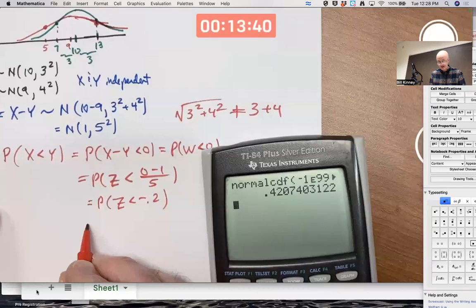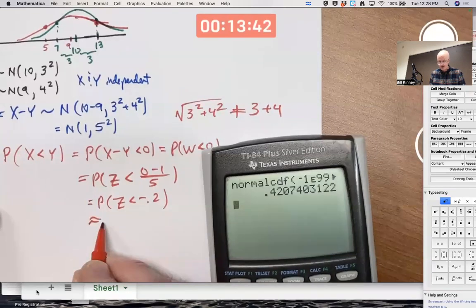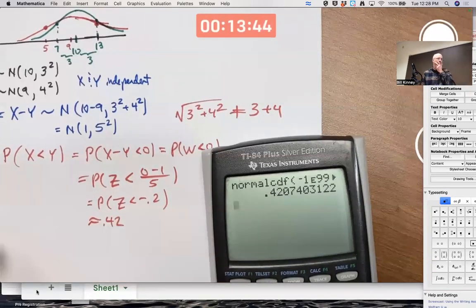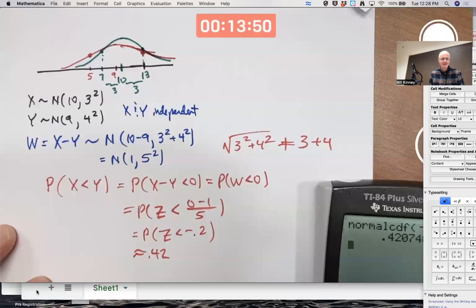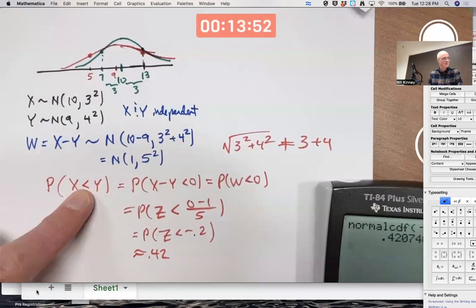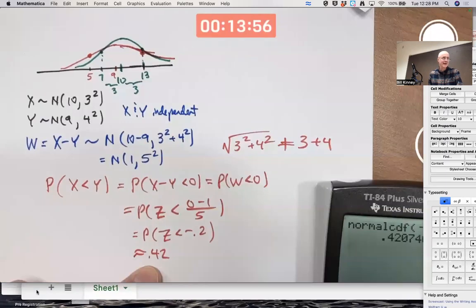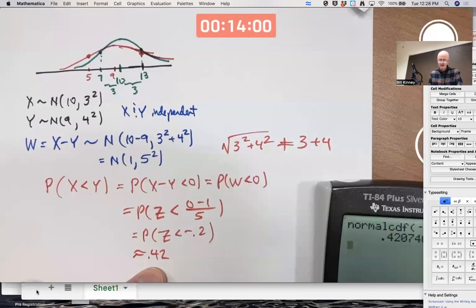That's probably too many significant digits. Probably want to round to 0.42. On average, Y is smaller than X, X is bigger than Y on average. But there is a fairly high probability, not bigger than 0.5, but still reasonably high, that X could be smaller than Y in a certain run of the experiment.